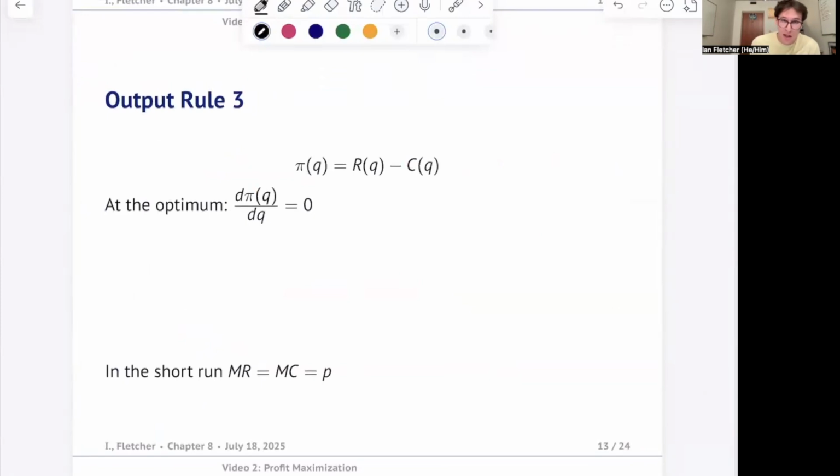Now, mathematically, this can look a little different. At the optimum, we have this profit equation, and we said that the derivative, or marginal profit with respect to Q, should be zero. So what does this actually look like?